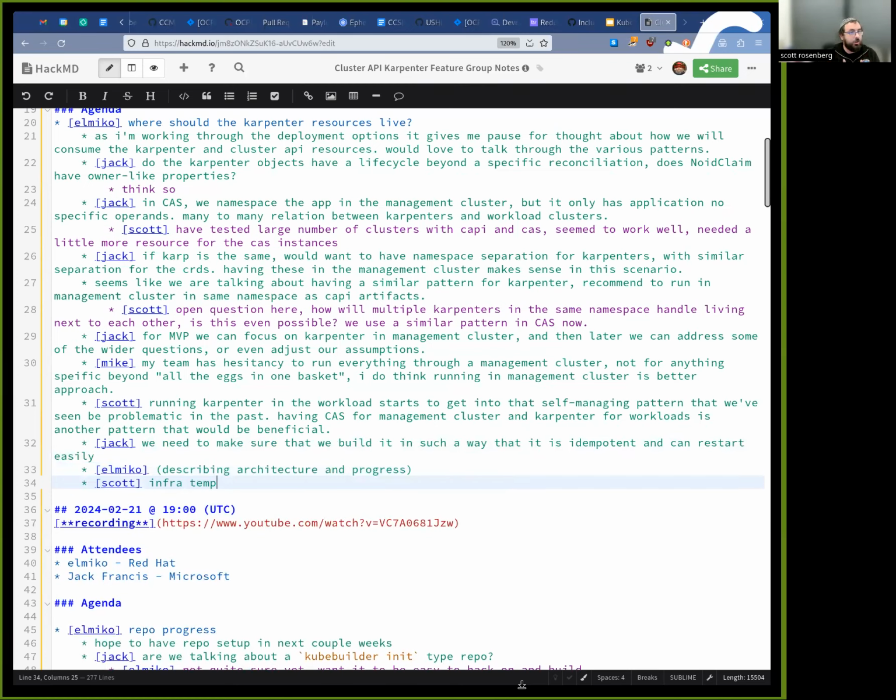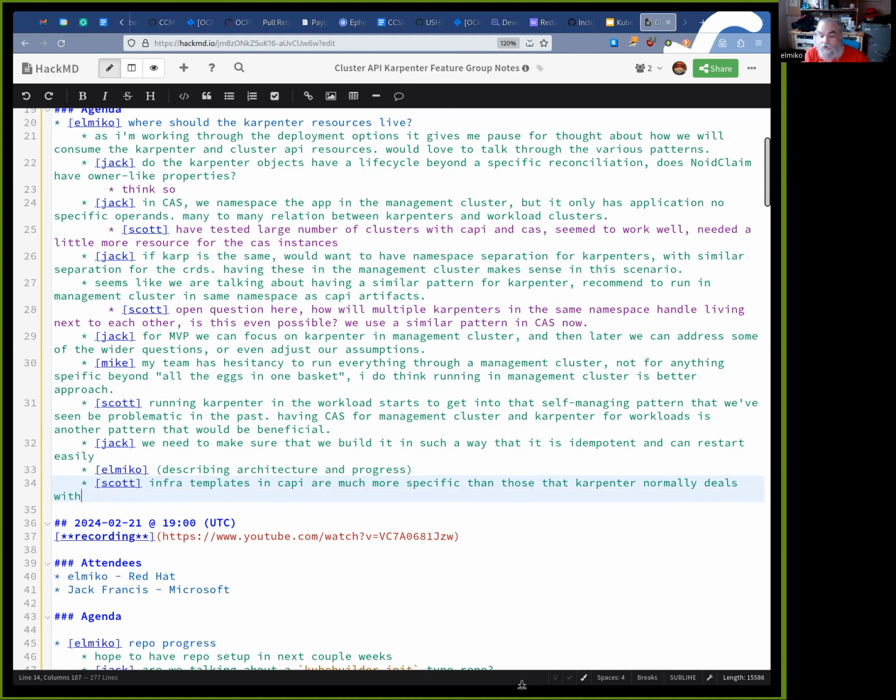I'm not sure. Have we checked if Karpenter can make the selection of the infrastructure machine template based off of what AZ the pod was trying to be scheduled in? I don't know.